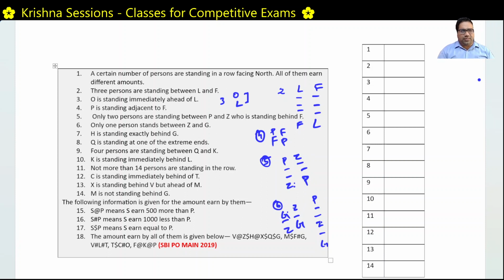P double space Z, first, and then Z and G. This is one possibility. Then P double space Z and G. This is another possibility. Then Z double space P, then G can be here or G can be here. These are another two possibilities.